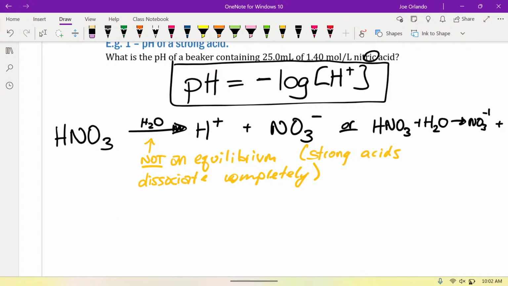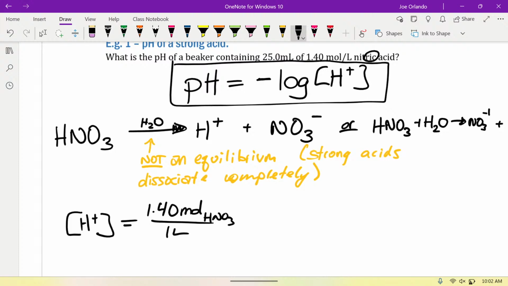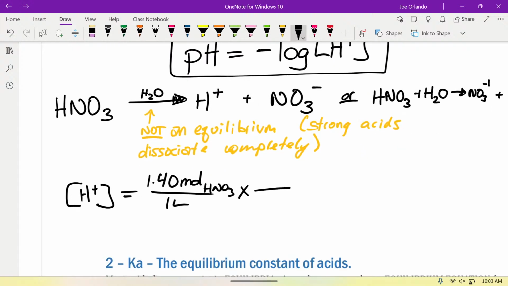What's the concentration of... I did need to do this, but what I needed to do was actually much easier. We know that we have what? We know that we have 1.40 moles of HNO3 in every liter, right? That 25 mils, that's a complete red herring. Doesn't matter for concentration.